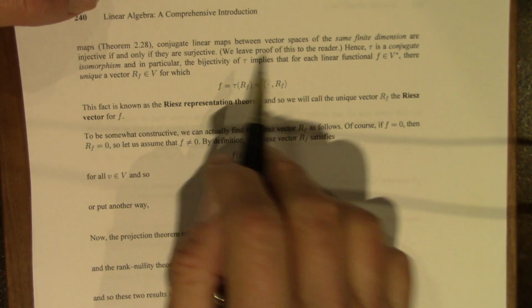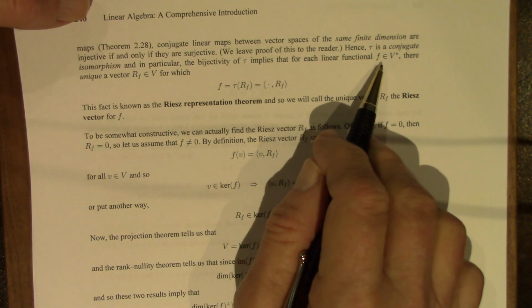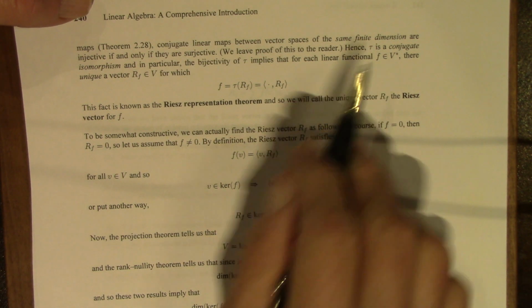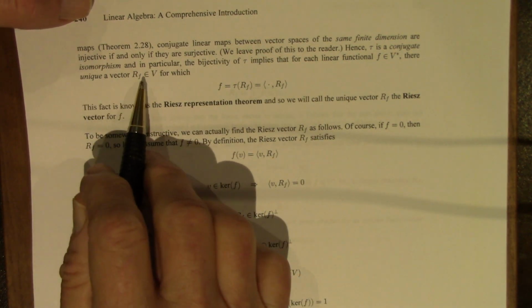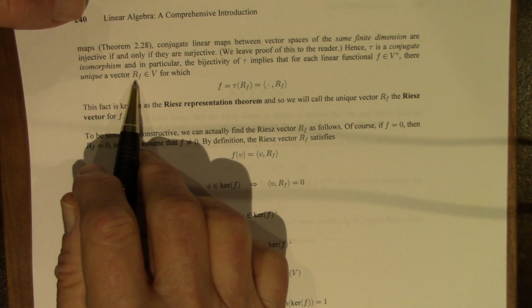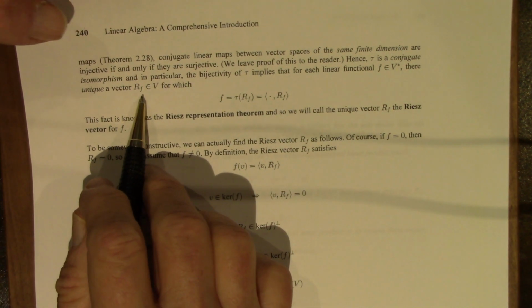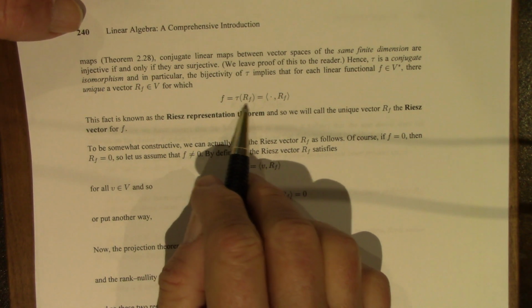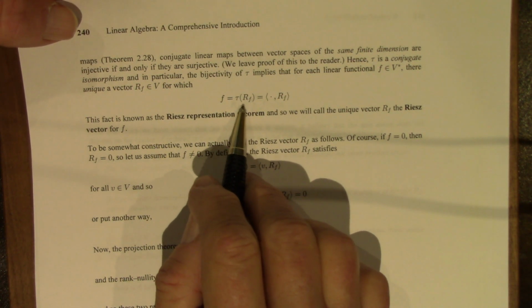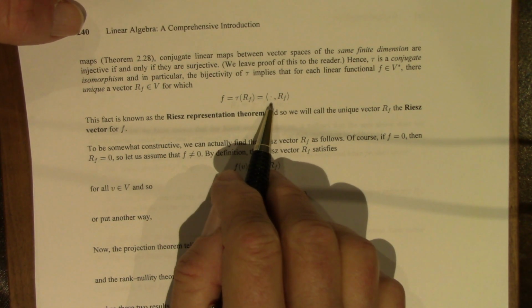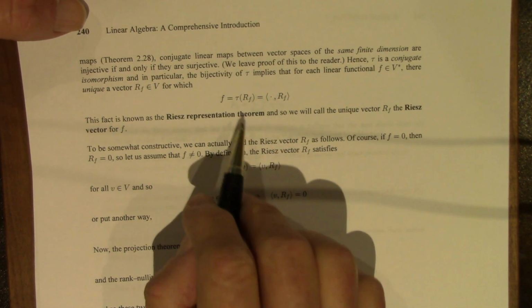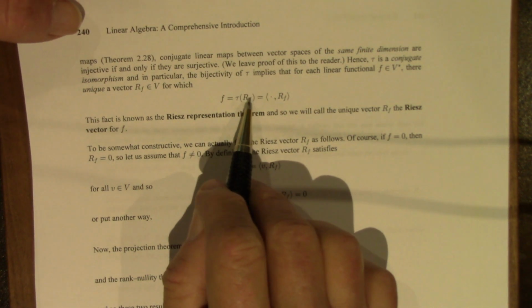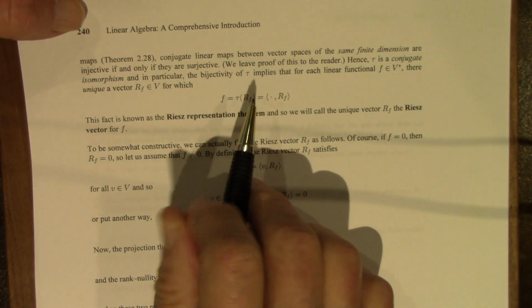And so for each linear functional f, let's say, in V star, there's a unique vector, which I denote by r sub f, and I'll explain why in a minute, for which f equals tau of r sub f, or in other words, inner product by r sub f. I need the bijectivity because I want this to have two properties.